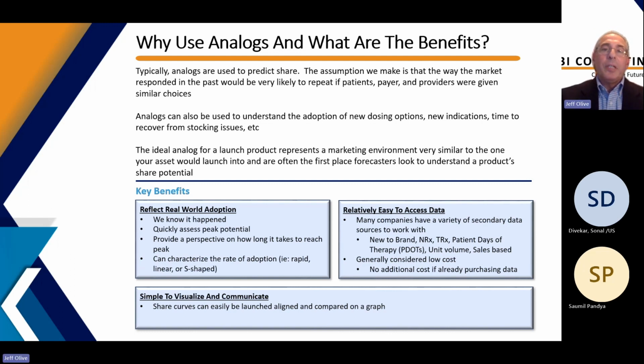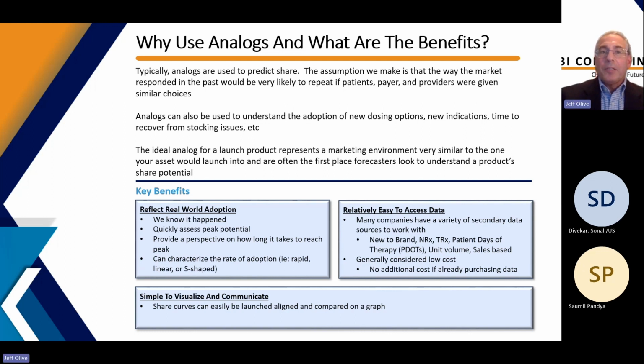And here the assumption is that the way the market responded in the past is likely to happen again if patients, payers, and providers were given similar choices. So it's kind of different than the commercial we often hear where past performance doesn't predict future performance. Here we're actually saying past performance predicts future performance.